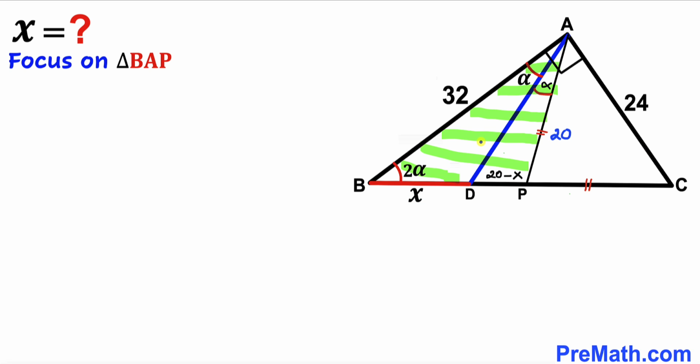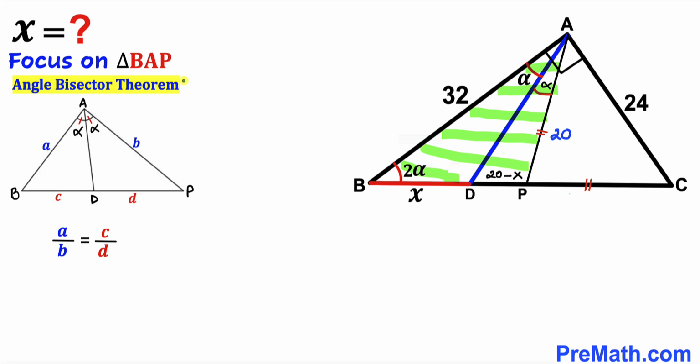And now let's focus once again on this triangle BAP, and we can see that this segment AD is an angle bisector, since we get this angle alpha and this angle alpha as well. And now let's recall the angle bisector theorem. As you can see in this triangle ABP, this AD is our angle bisector.